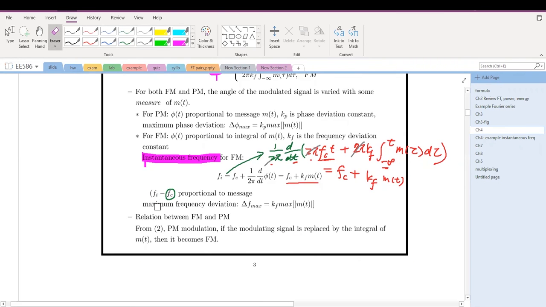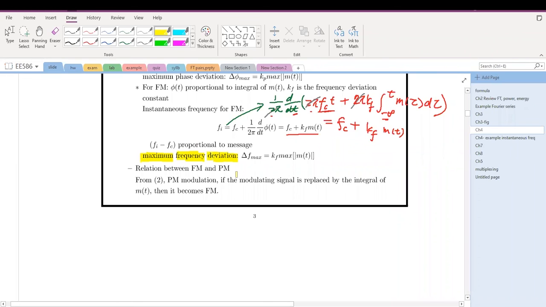If we take the difference between the instantaneous frequency and the carrier frequency, the difference is proportional to the message. The maximum frequency deviation for FM modulation is delta f max. Again, this notation delta f is one notation. The instantaneous frequency equals fc, which is a constant, plus this changing term. The maximum frequency deviation is Kf multiplied by the maximum of the absolute value of m(t).